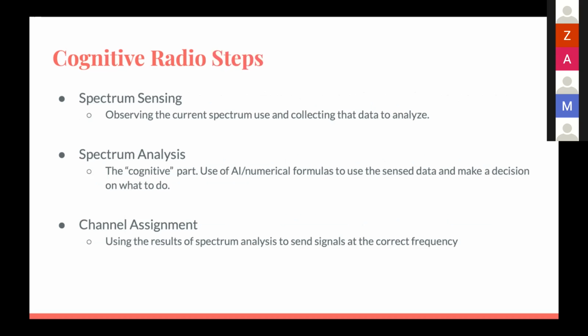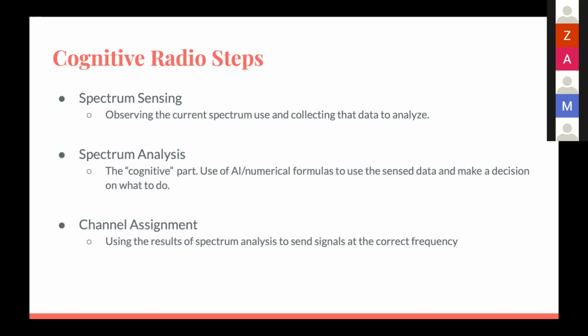So there are 3 steps to cognitive radio. The first step is spectrum sensing, which is just observing the spectrum, seeing what channels are being used, seeing how strong different signals are, etc. The spectrum analysis is the smart part of it. It's the cognitive part. This is where you actually figure out what channel you're going to use.